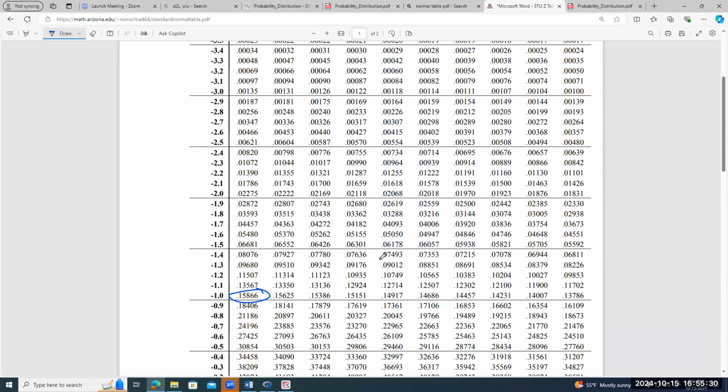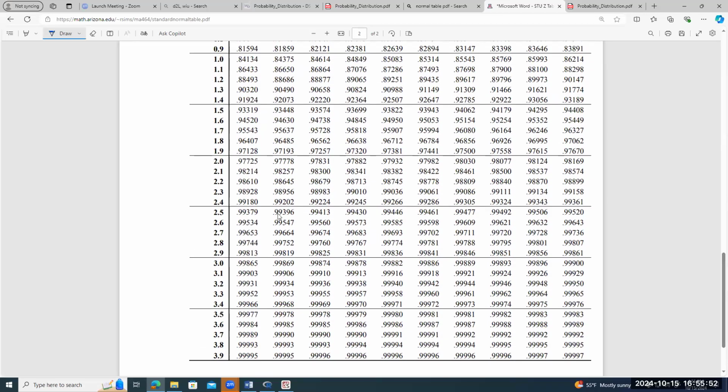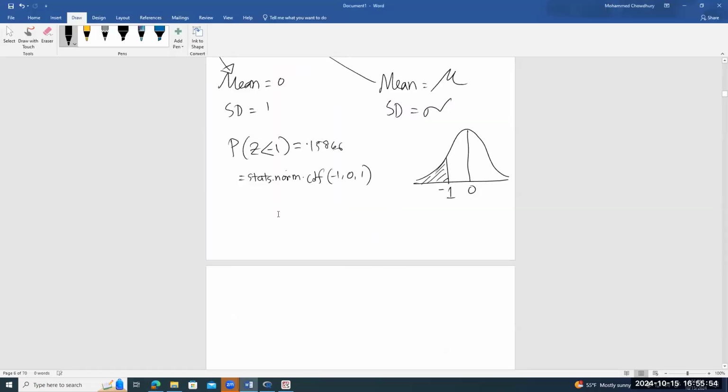A simple desktop computer was around $1,000 or more. But now with $300 or $400, we can buy a laptop, right? Okay, so you got it. I'm not going to discuss this table anymore, but if you want, you can try this one. The rest of the things, I will just use the technology. So the first problem is gone.